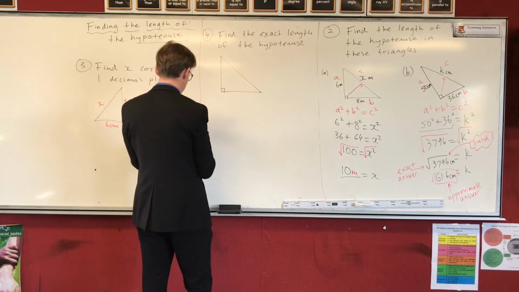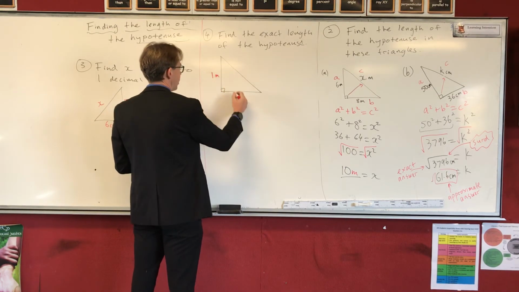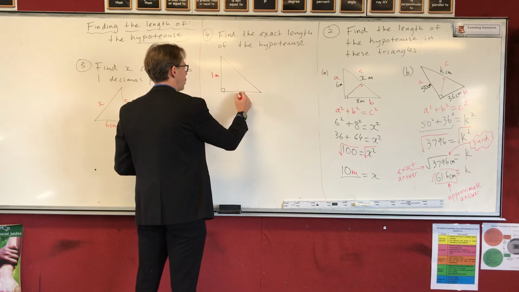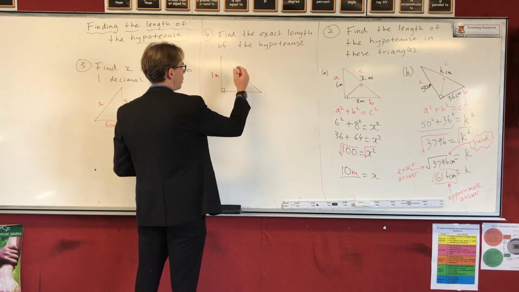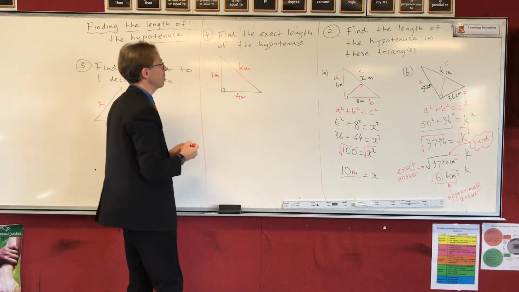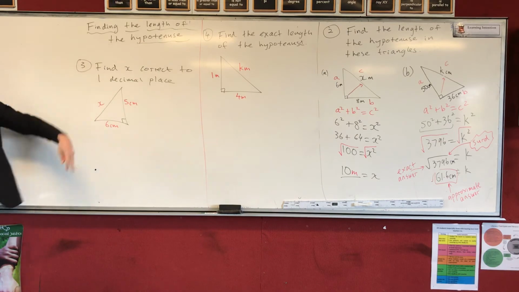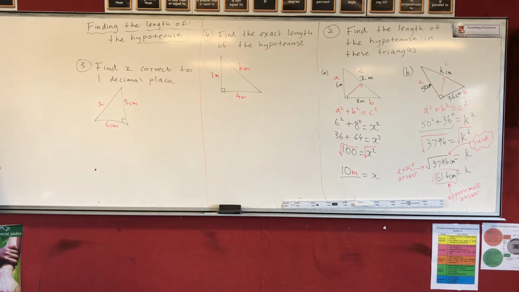So exact length, I'm going to put 1 metre, 4 metres, and then we'll put this as K metres. Okay. I'd like you to copy down questions 3 and 4 and try those and see if you get the correct answer. So pause the video and then play the video to see if you get the right answer.